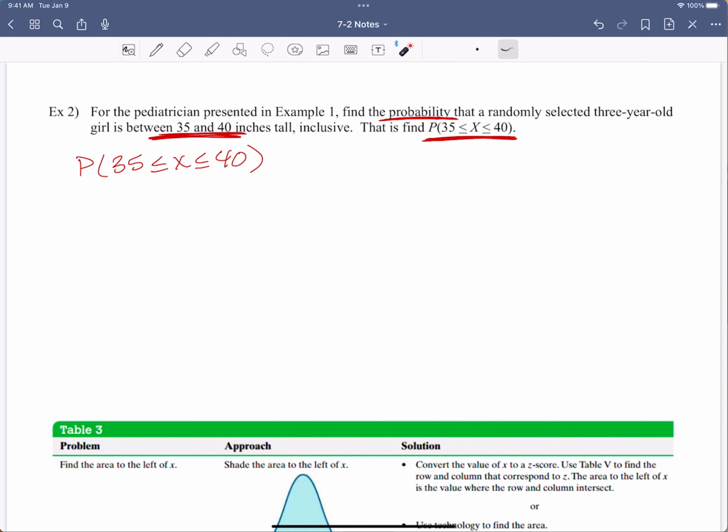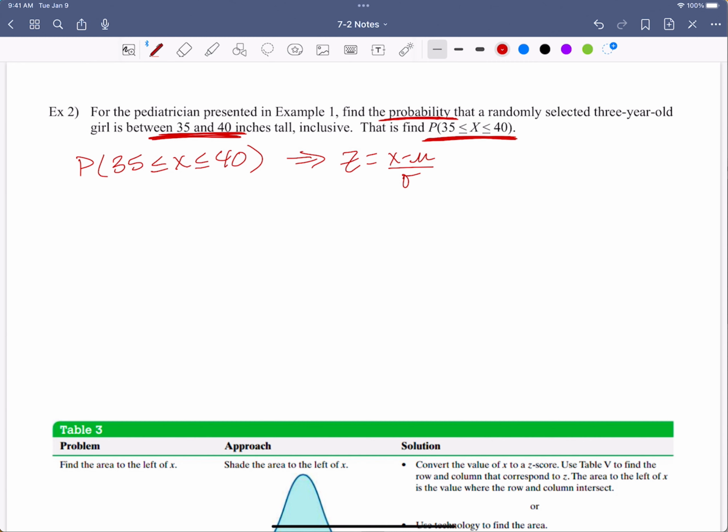I just want to really make sure that you get what's going on here. So let's look at these z-scores. For right now, I want to make sure you understand the concept of what's happening. So z is equal to the x minus the mean over the standard deviation. But because this one's in the middle, I'm going to have an upper z-score and a lower z-score because I want to figure out what's between those two.